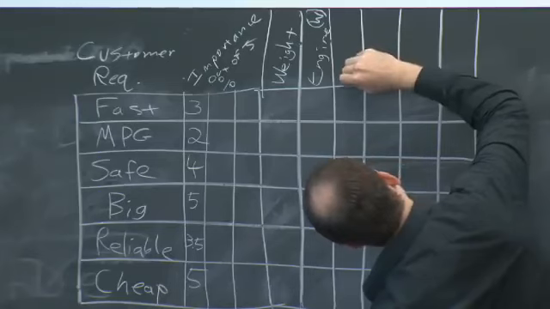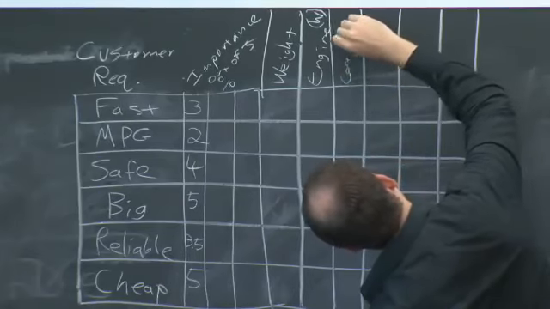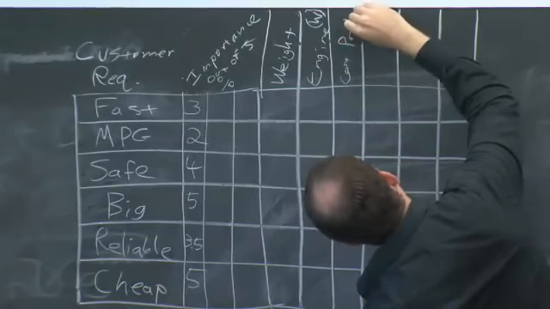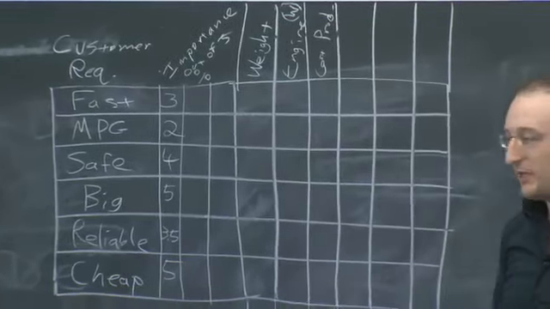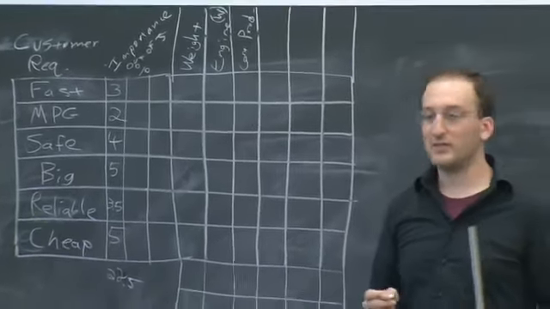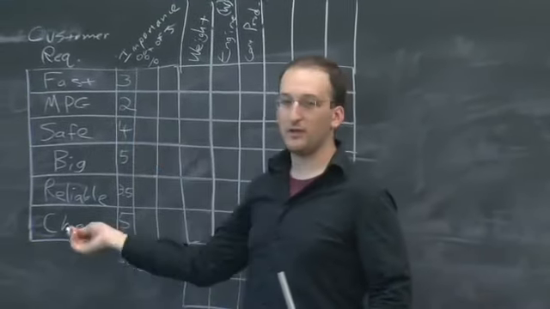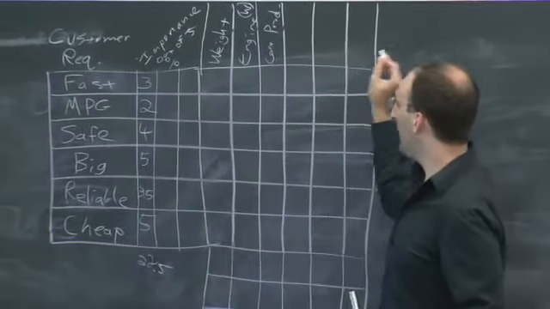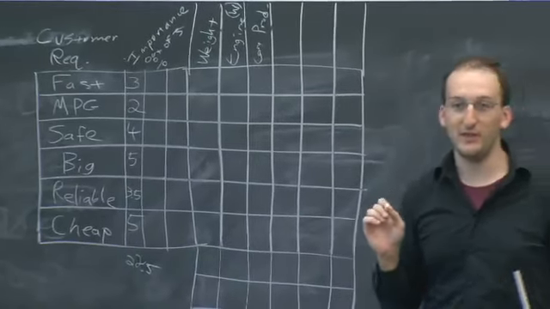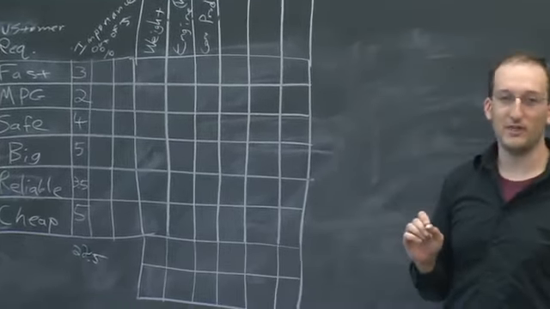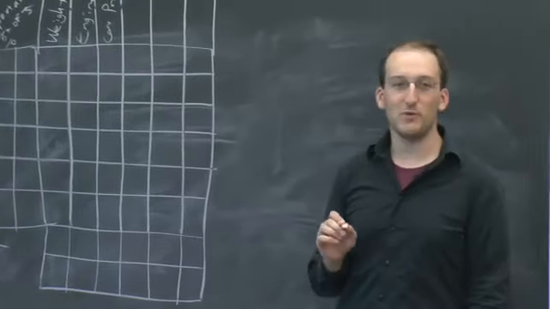OK, cost of production. And these steps can actually be some of the hardest things to figure out because you guys as a team will have to decide what you think your customers are going to want and what parameters you actually have to control. By the way, it can be a whole lot more than 6. And there are some pretty big house of quality templates out there. So I need 3 more.